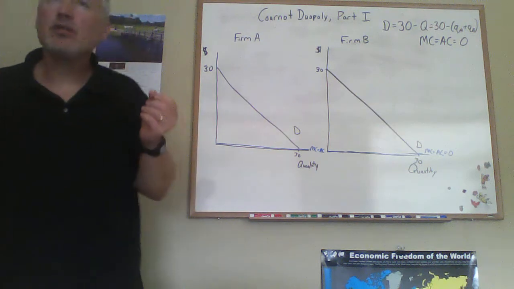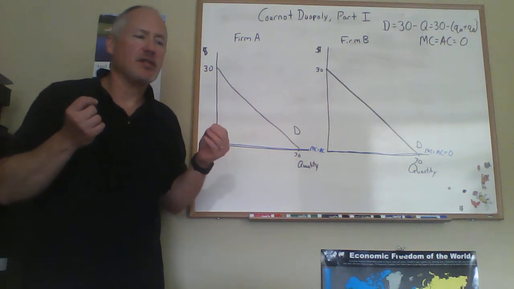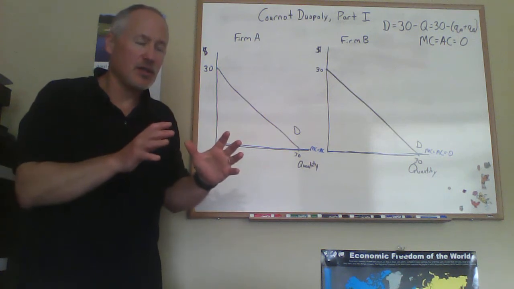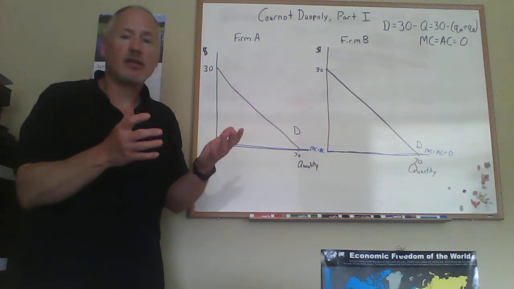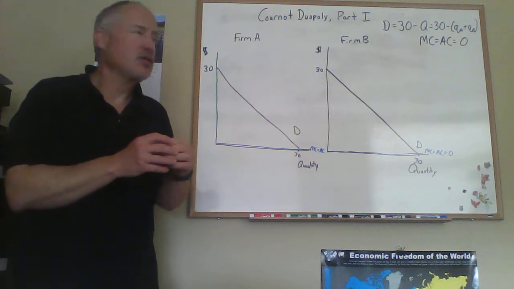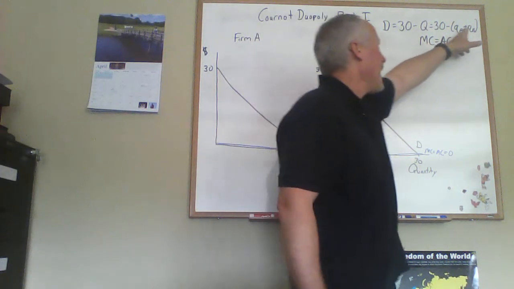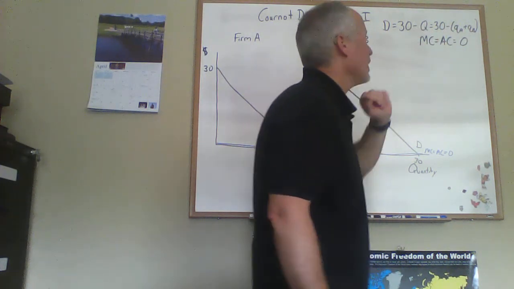And when we do that, we're actually assuming that the customers here are viewing the products of firms A and B as perfect substitutes. Okay, so they would be added in here together, and that would give us a demand curve.